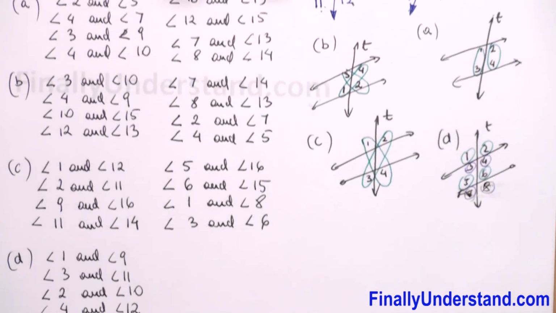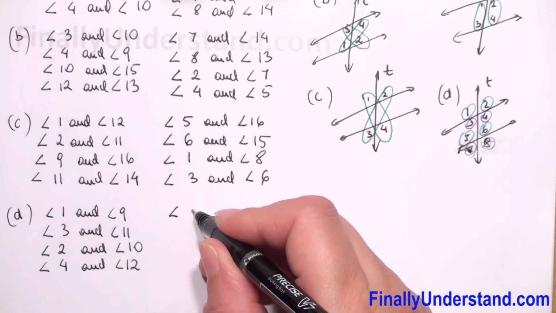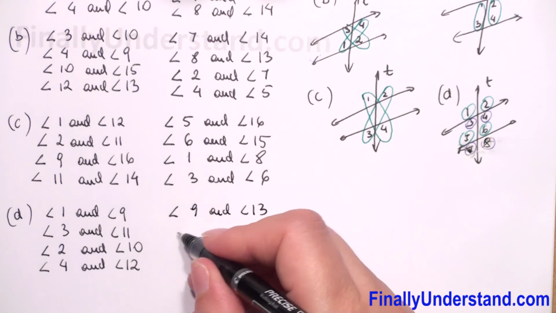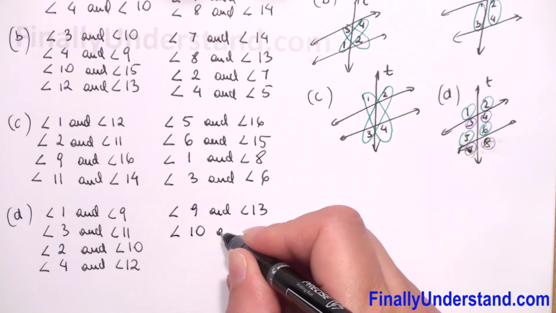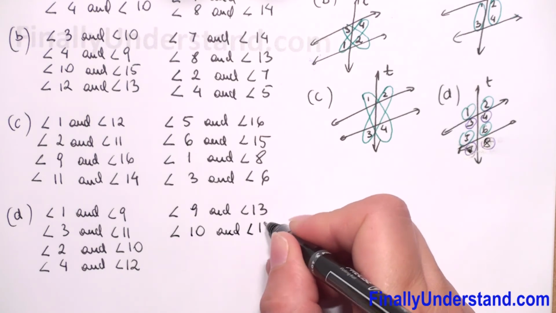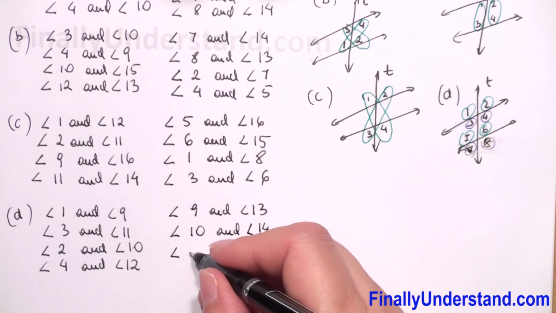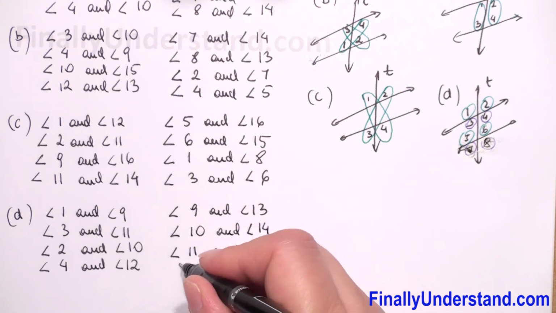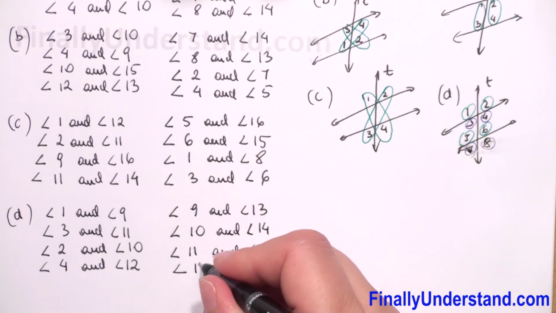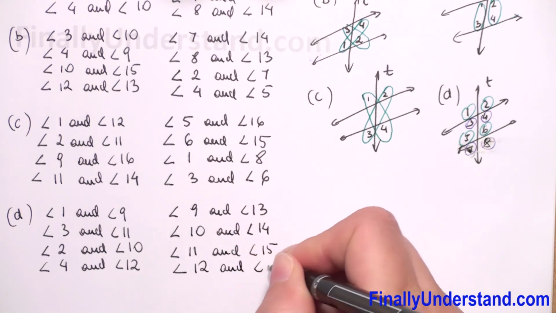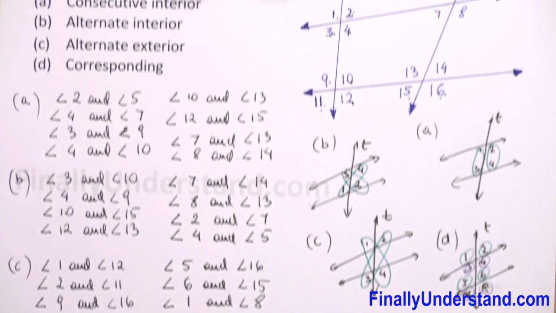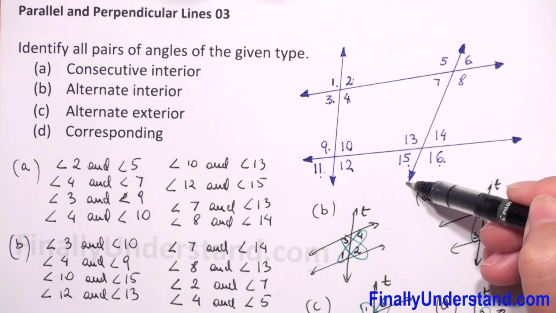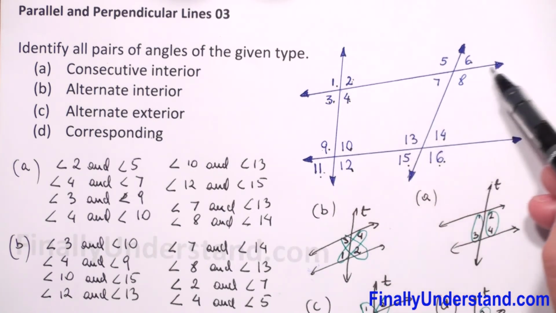So we have 9 and 13, 10 and angle 14, 11 and 15, and 12 and 16.